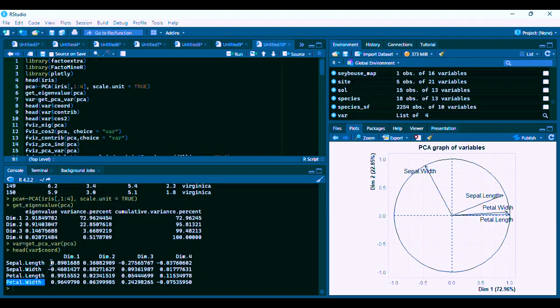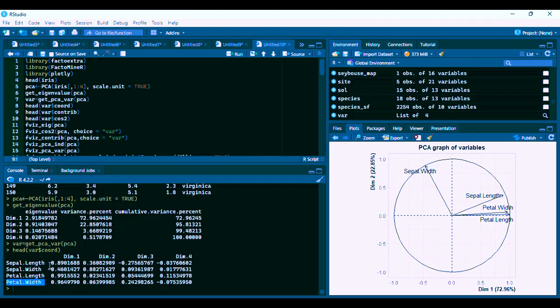Either a large positive or a large negative coordinate means that the variable strongly contributes to that dimension. We don't have a large negative value here.